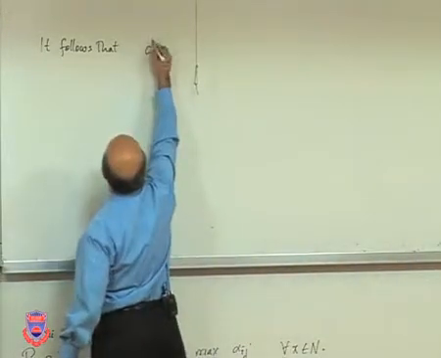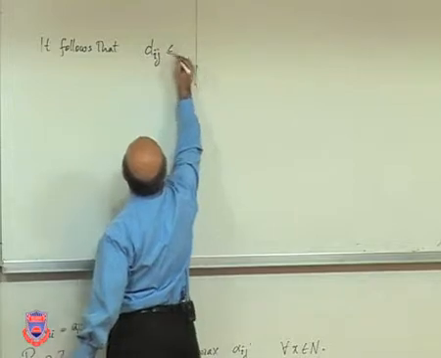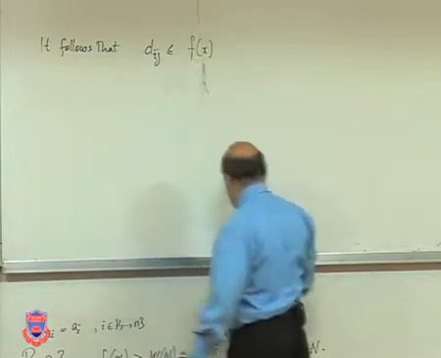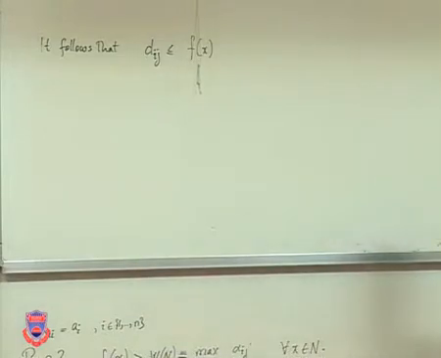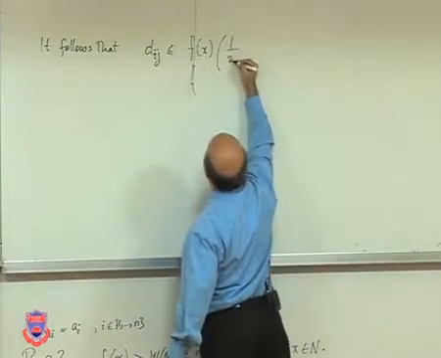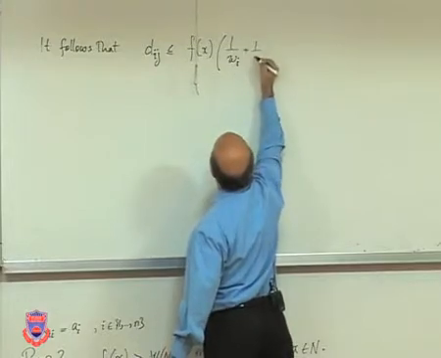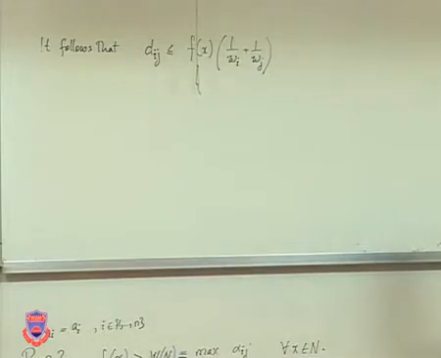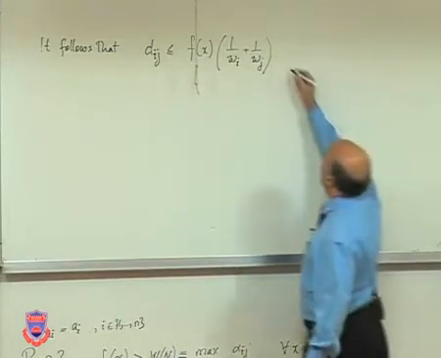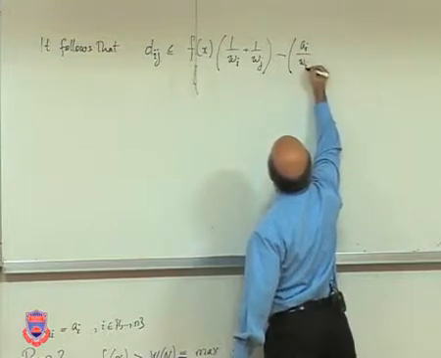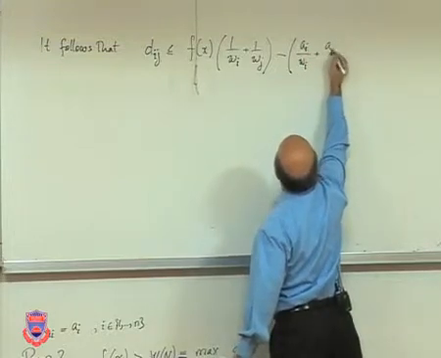So it follows that dij is less than or equal to f of x times (1 over wi plus 1 over wj) minus (ai over wi plus aj over wj).